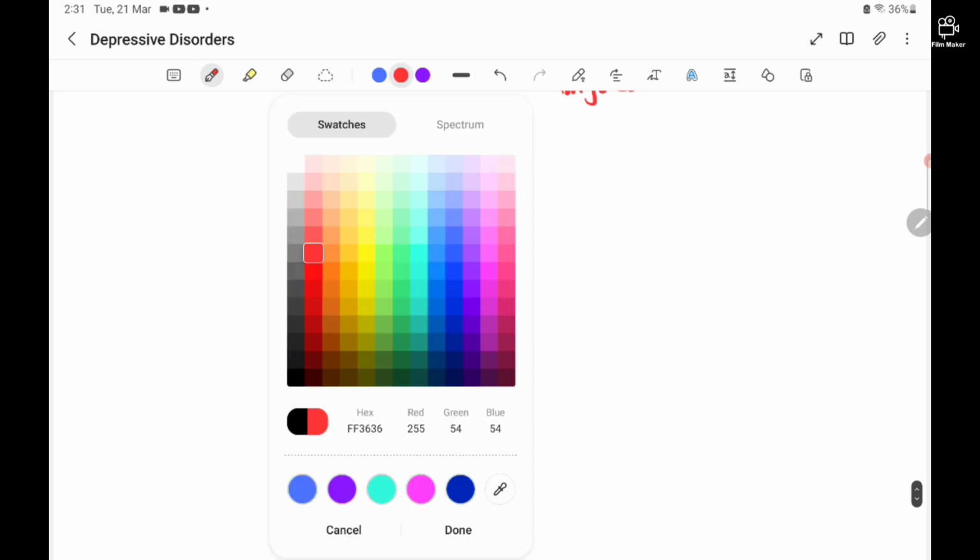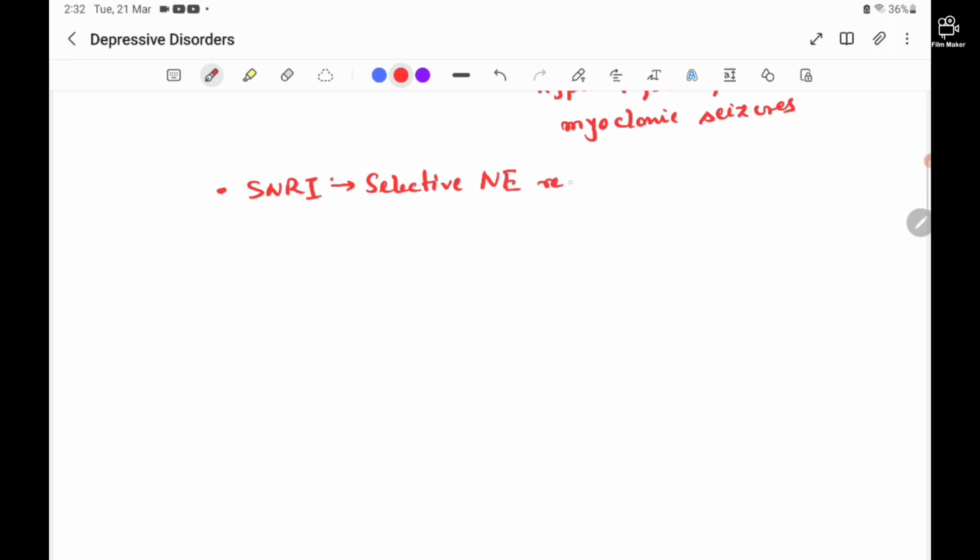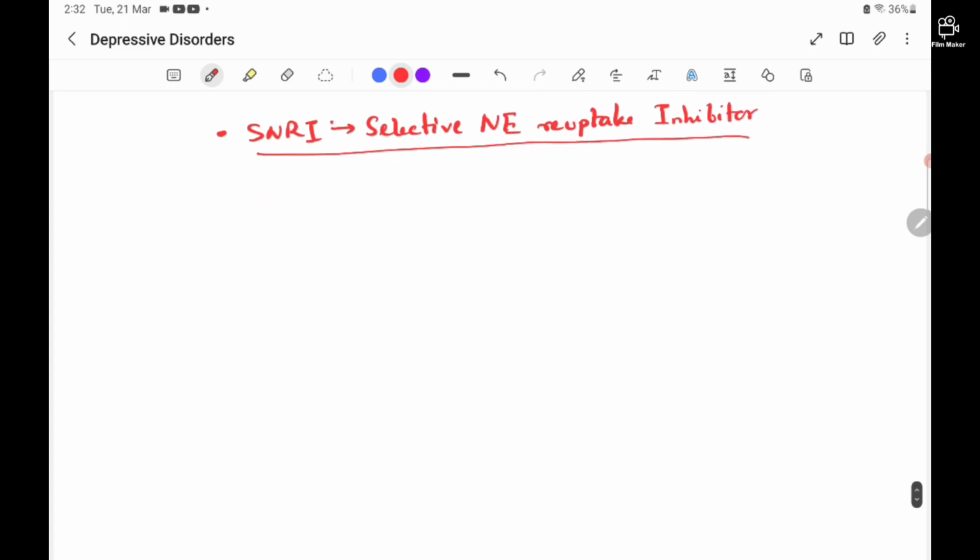The next group of drugs which we should discuss is SNRIs. What is SNRI? SNRI is selective norepinephrine reuptake inhibitor. This causes blockade of neuronal serotonin.